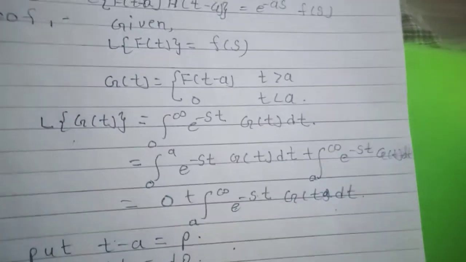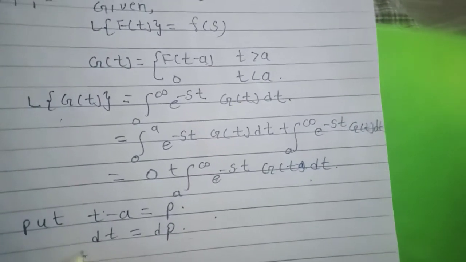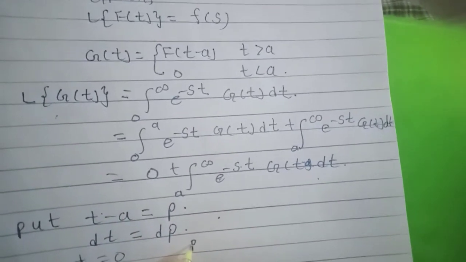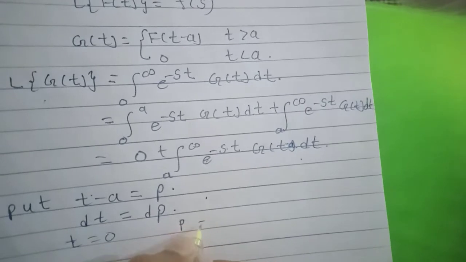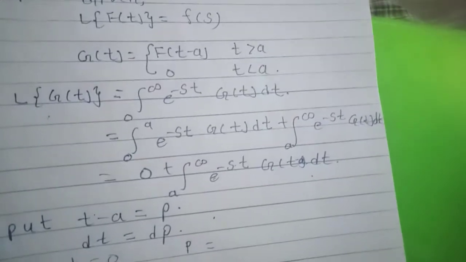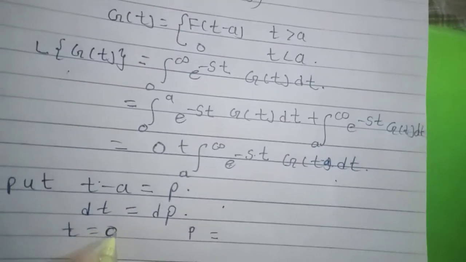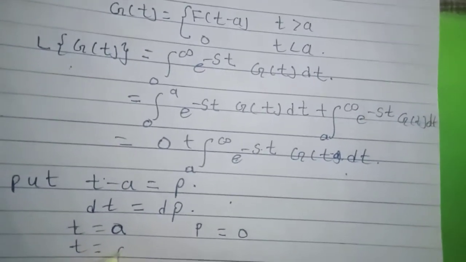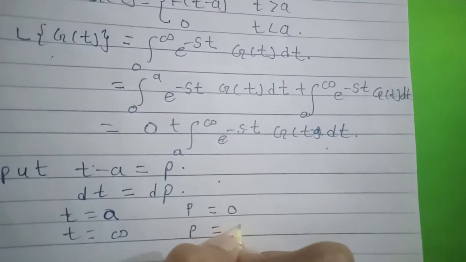So the limits: when t is equal to 0, p is equal to minus a; when t is equal to a, p is equal to 0; and when t is equal to infinity, p is also equal to infinity.